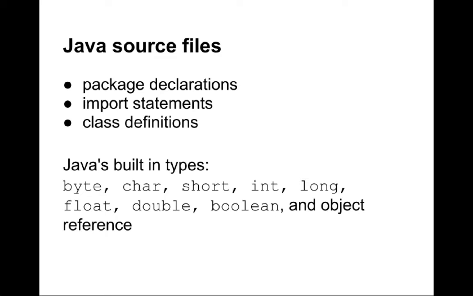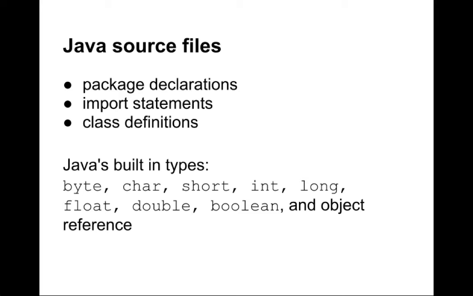The rules for naming things in Java, so variables, methods, classes, they're the same rules as in C++. So you can't start with a number, you can't have spaces in the names of your things. But everything else is the same. Generally, we'll have class names that start with a capital letter, and method names and data member names will start with a lowercase letter, and they'll be camel case from that point on.